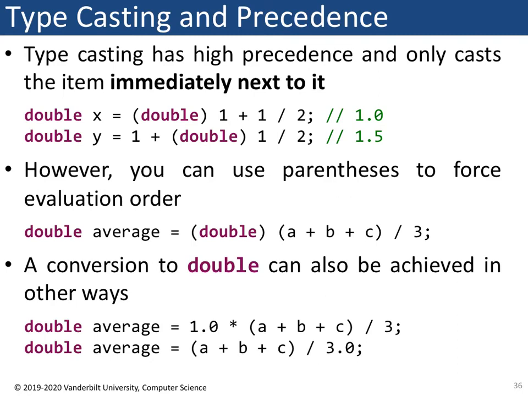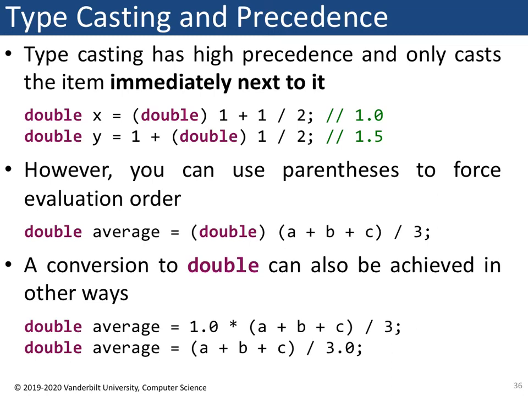And we have this resulting 1.0 plus 1 divided by 2. So the highest precedence was the typecast. Now the typecast is complete. The next highest precedence is the division. So 1 divided by 2 is going to result in the integer value 0. So we are left with the result of this expression being the double value 1.0.